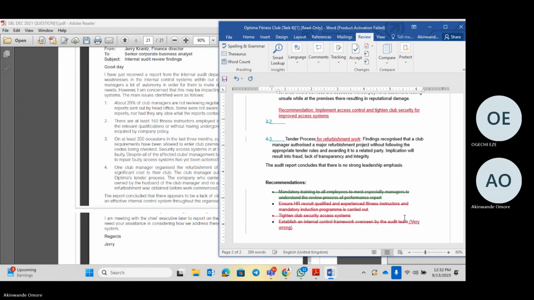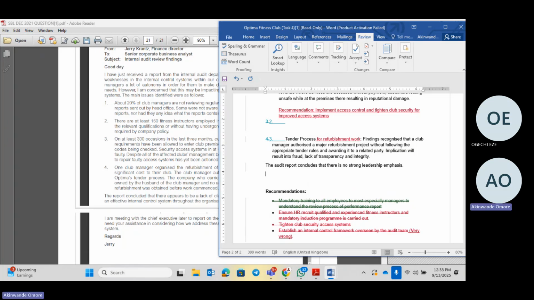Except maybe she means audit team cannot oversee. No, they cannot.